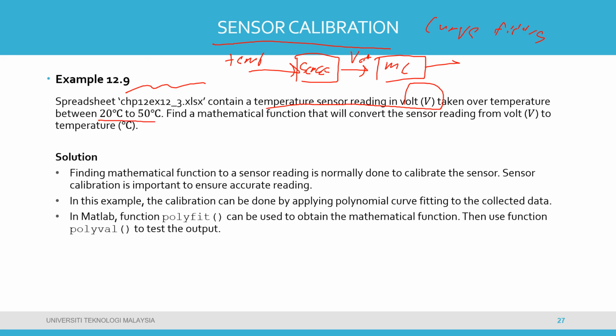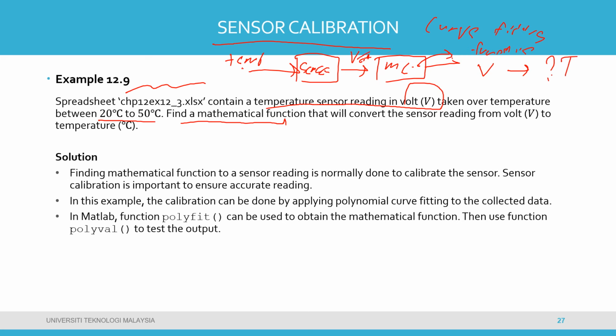So find a mathematical function. Inside the microcontroller, it's hard; you have to have a function. For this voltage, what is the temperature? The temperature is converted to voltage, and then you have to convert it back to the temperature.